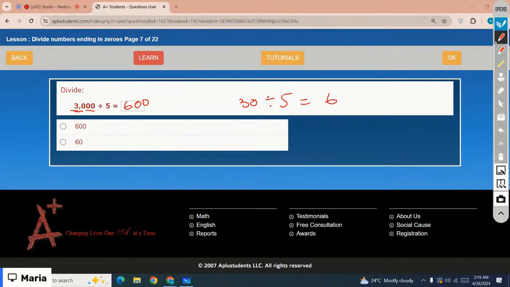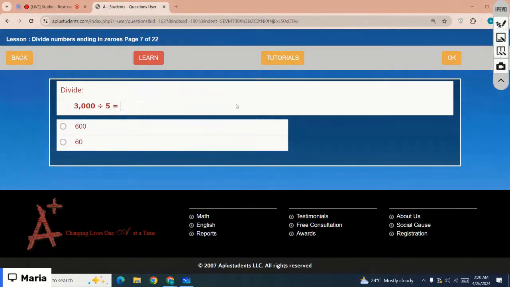The correct option is option number 1. 600 it is, not 60. The correct option is 600. Option 1 is the correct option. Got it?